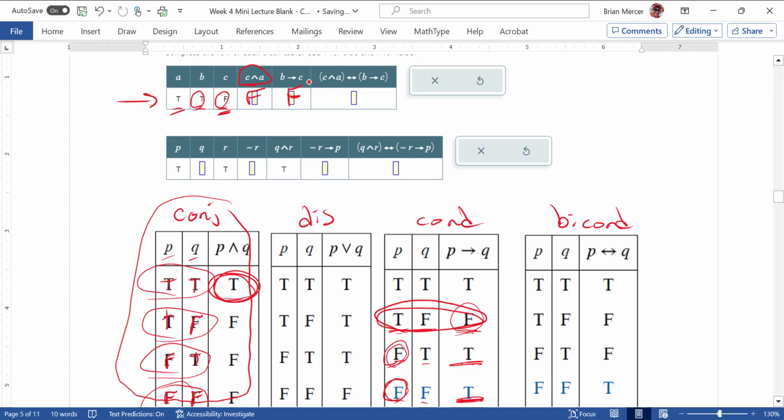And then the last one we're looking at, the biconditional, is you're putting those two statements together: C and A, if and only if B implies C. Now we look at those pieces together.